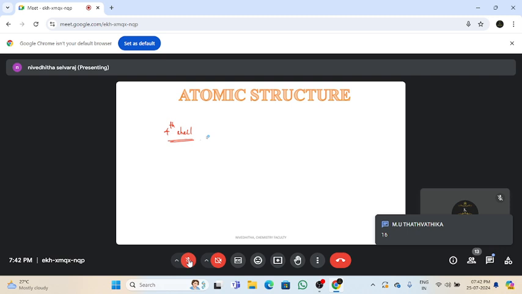Yes, it is n square. So here n is 4, so 4 square is 16. So the fourth shell will have 16 orbitals, and each orbital can accommodate 2 electrons. So the maximum number of electrons we can accommodate in the fourth shell is 16 into 2, right?